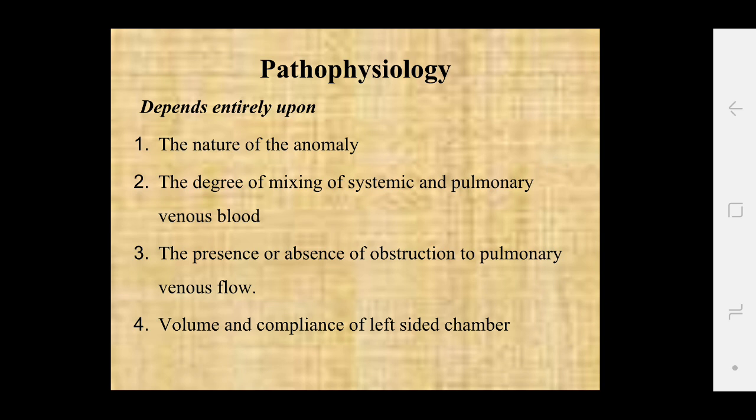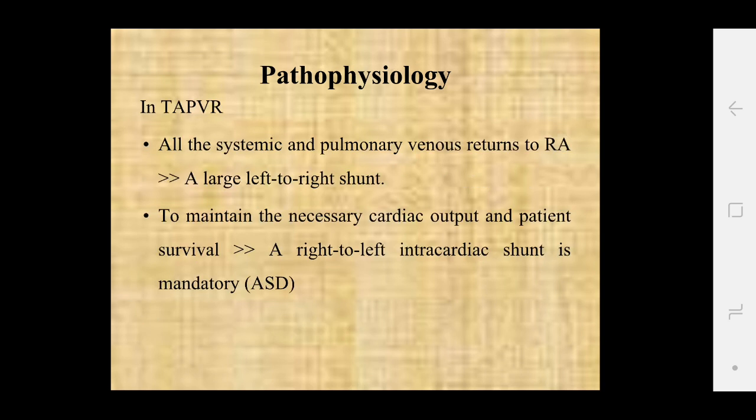determine the clinical presentation, the pathophysiology, and even the way of the therapy, intervention or management for the patient. In total anomalous pulmonary venous return, as we said before, all systemic and pulmonary venous return comes to the right side of the heart, so it's a large left to right shunt, like an ASD. To maintain the cardiac output and the patient's survival, we need an obligatory right to left intracardiac shunt across the ASD.